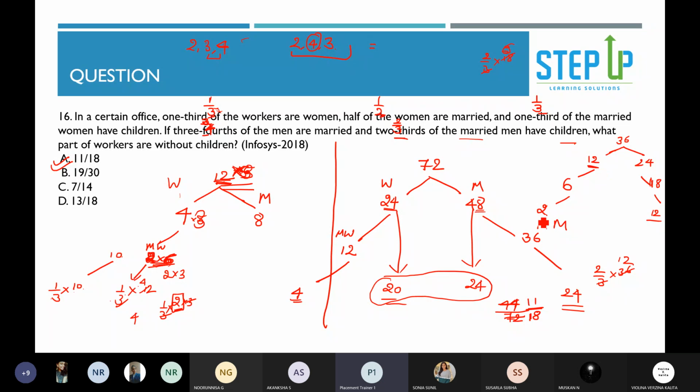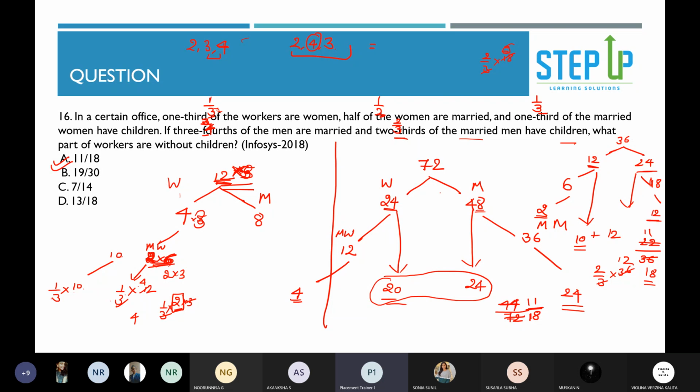Out of 12, if 2 people have children, the remaining 10 don't have children. Out of 24, 12 have children, so the remaining 12 don't have children. So 22 upon 36 is 11 upon 18. You can take 3, you can take 6. Either way, you will get the answer. I hope the point is clear.